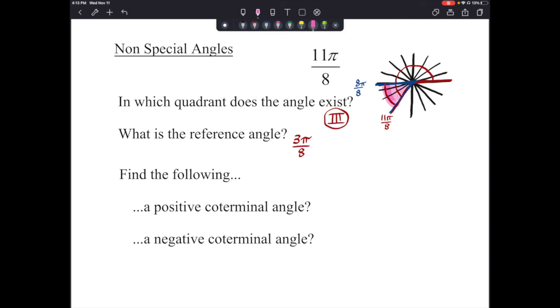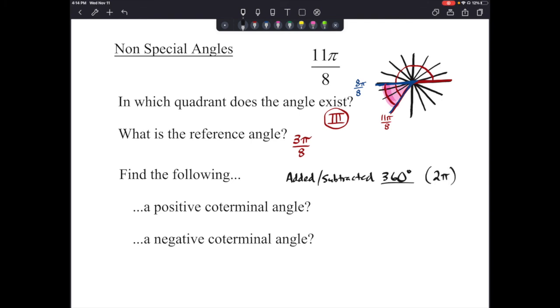Now it asks us to find the following: a positive coterminal angle. Okay, so now we're in radians. Remember yesterday we added 360 degrees or subtracted 360 degrees. So when we're talking about radians, instead of using degrees, we're going to change that to a 2 pi.